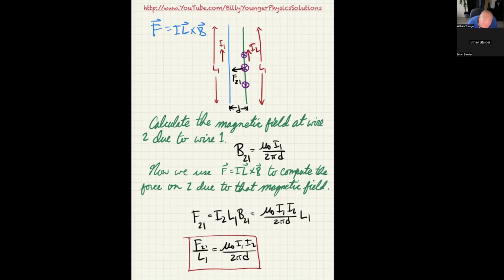That's the force on 2 due to 1. So you see that parallel currents attract. Anti-parallel repel. And the formula is given by that.